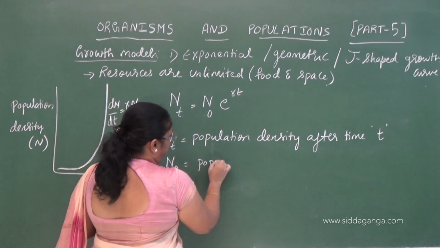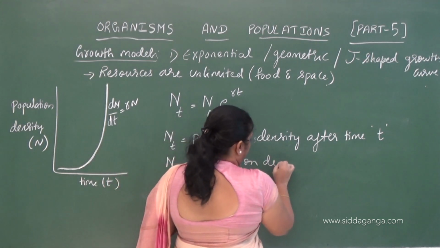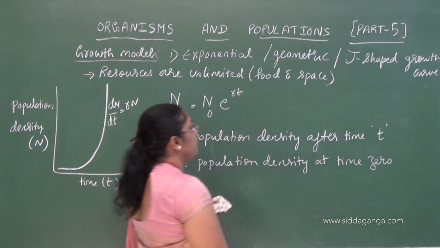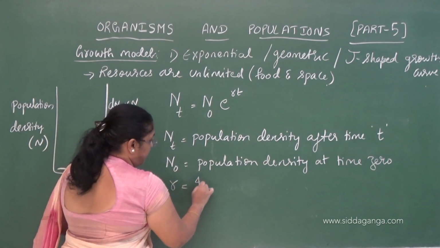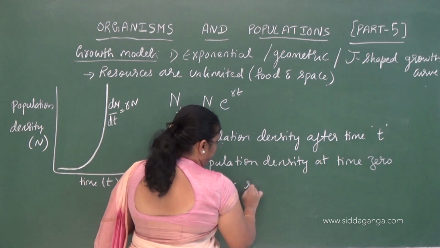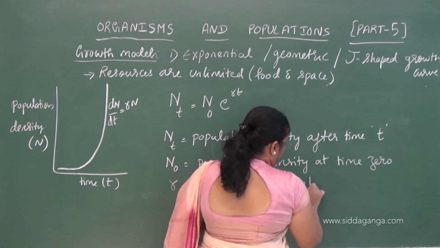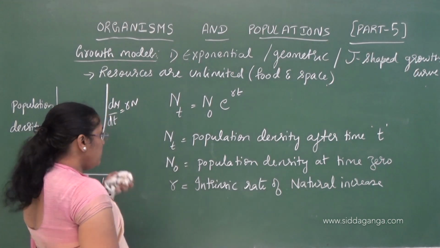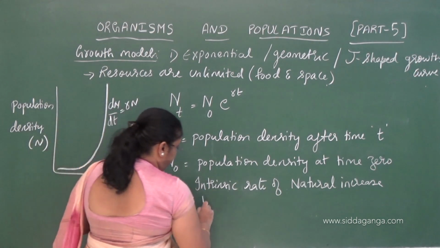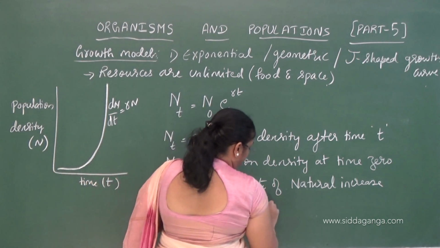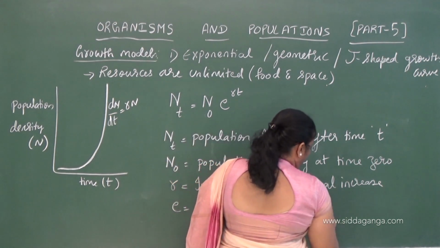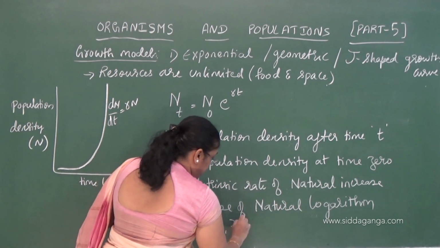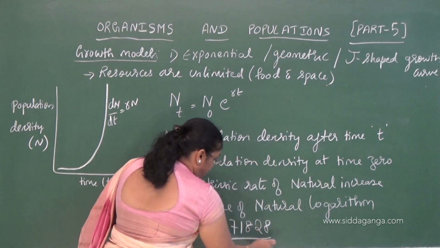This is population density at time 0, where R represents intrinsic rate of natural increase, then E represents base of natural logarithm, that is, the value is 2.71828. This is the value of E.